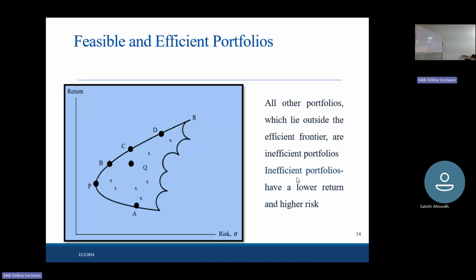Right. So now this efficient frontier is without any risk-free investment. This efficient frontier includes only the risky investment. But as an investor, sometimes you may invest in treasury bills, treasury bonds in your portfolio. So you might have certain risk-free investment.